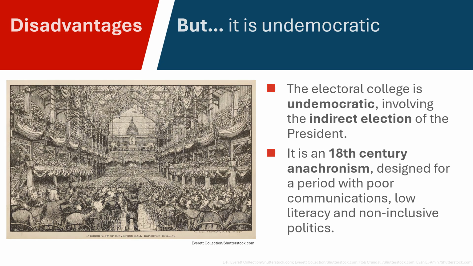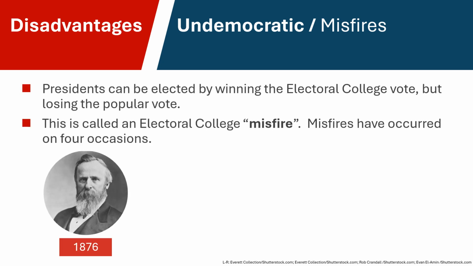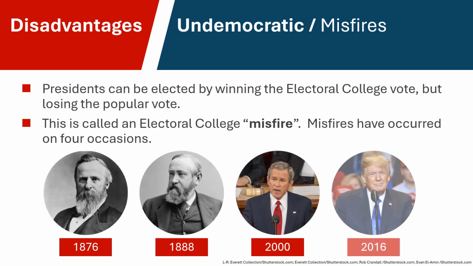Of particular concern is that presidents can be elected by winning the Electoral College vote, but losing the popular vote. This means that the candidate with the most votes does not secure the presidency. This is called an Electoral College misfire. Misfires have occurred on 4 occasions: 1876, 1888, 2000, and 2016.